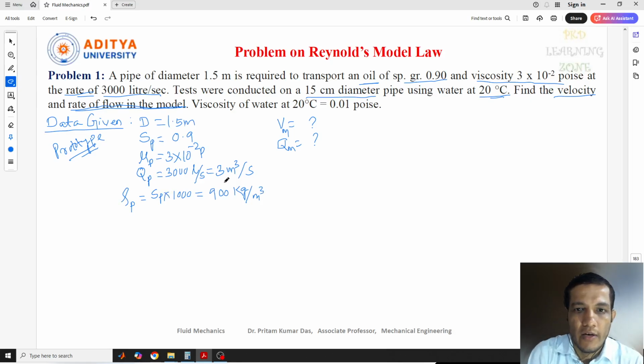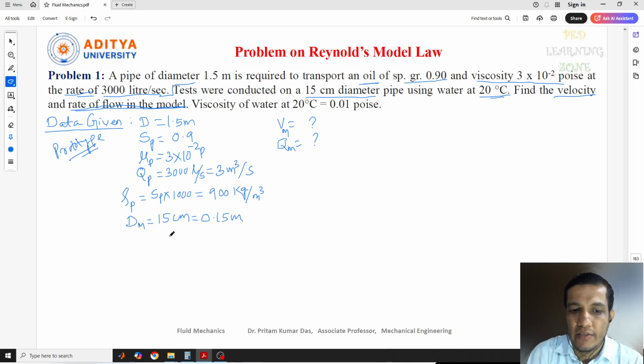The diameter of the model is actually given here. So we can write the diameter of the model dm equal to 15 centimeter, which we can write as 0.15 meter.